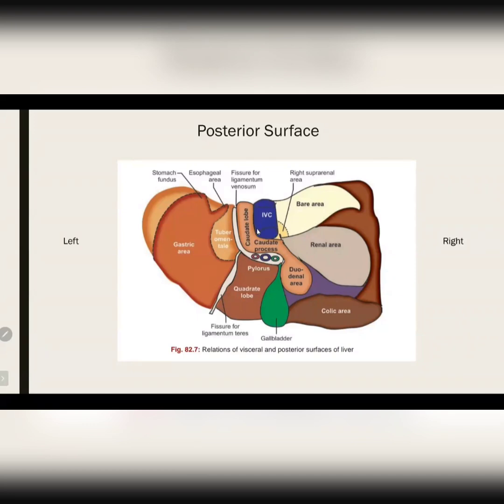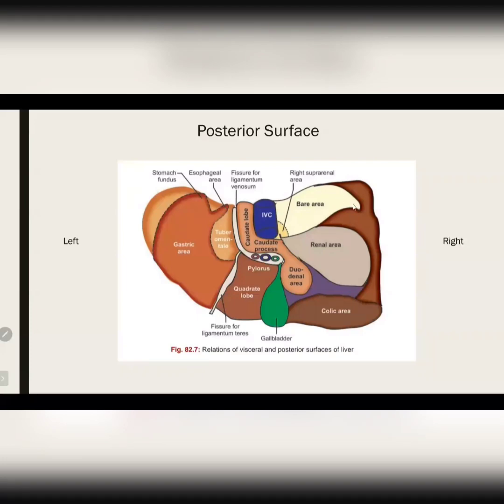Next, there comes a groove for the inferior vena cava. To the left of that is a lobe of the liver known as the caudate lobe. There is a groove for ligamentum venosum. And finally, there is an esophageal area. This is where the abdominal part of the esophagus is related to the liver.